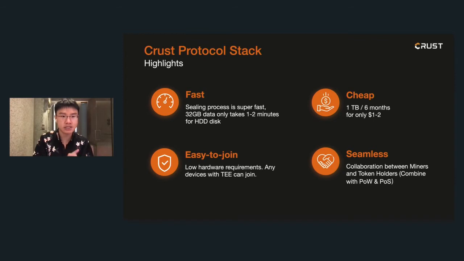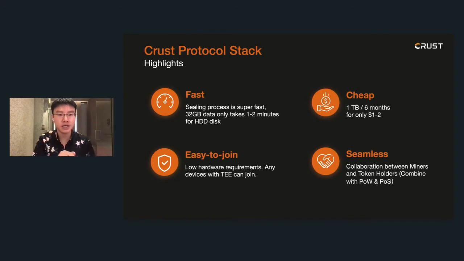As for an SSD disk, it only takes about 10 seconds. So you can store big data without any feeling of its sealing process. The second highlight is that the Crust network is super cheap. If you store 1 terabyte of data for half a year, it only costs you $1 to $2.